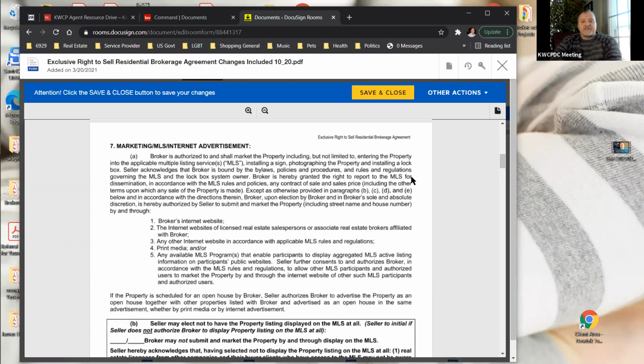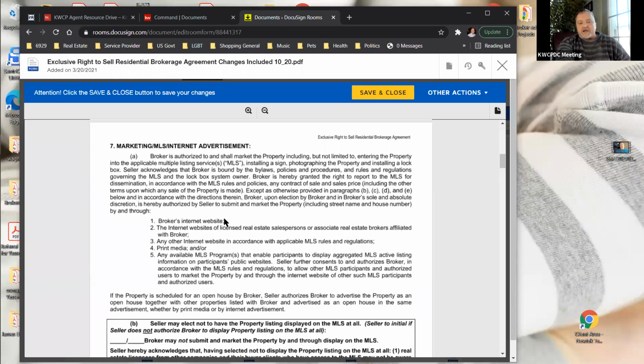So except as otherwise provided for in paragraphs B, C, D, and E below, and in accordance with the directions therein, the broker, upon election by broker and in broker's sole and absolute discretion, is hereby authorized by the seller to submit and market the property, including the street name and house number, to the broker's website, to internet websites of licensed real estate salespersons and brokerages.